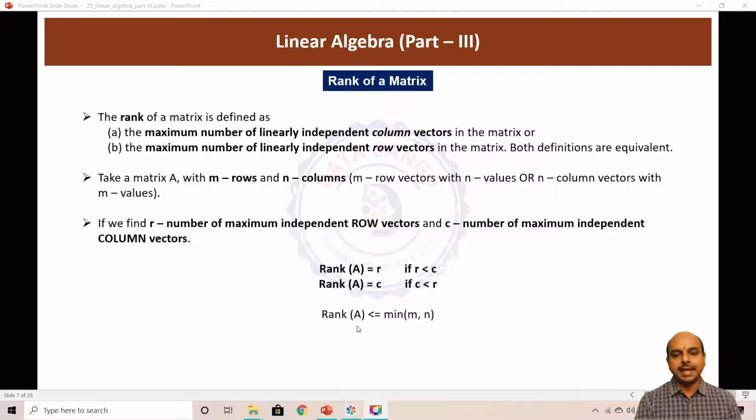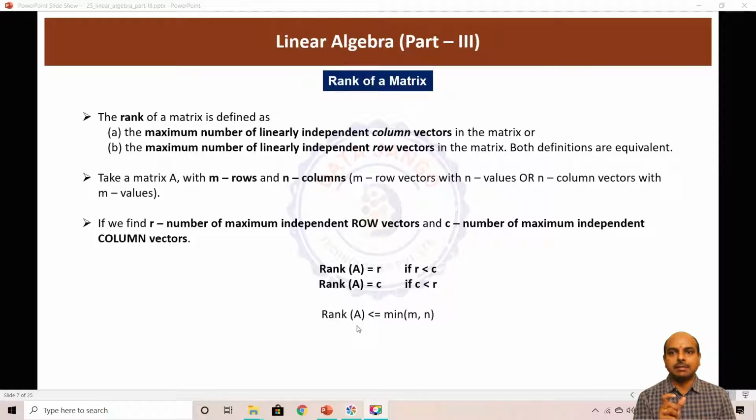So rank of A is always less than or equal to minimum of m comma n. Okay, if you take a matrix with 5 by 4 or 5 by 3 dimensionality, the rank will always be less than or equal to 3.